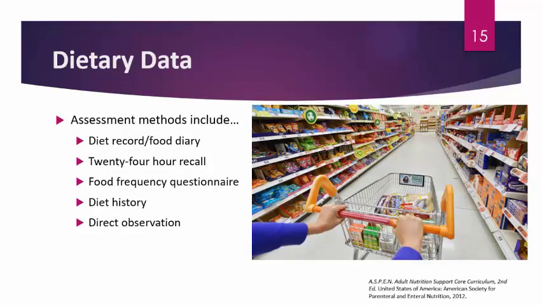One big piece of information that you should obtain is dietary data on your patient if you have it available. Some methods to do this include a food diary, if your patient is outpatient, 24-hour recall, food frequency questionnaire, diet history, and obviously one of the big things you can do is direct observation if you have them in a closed facility.